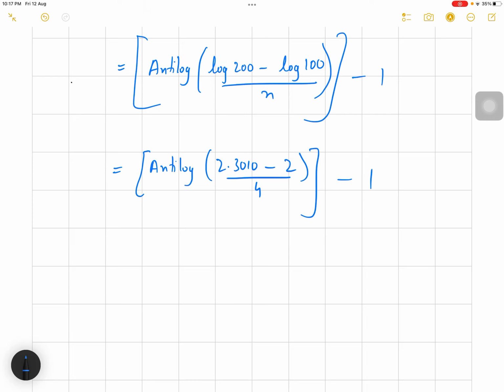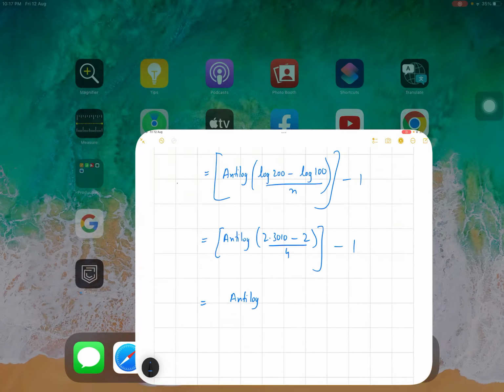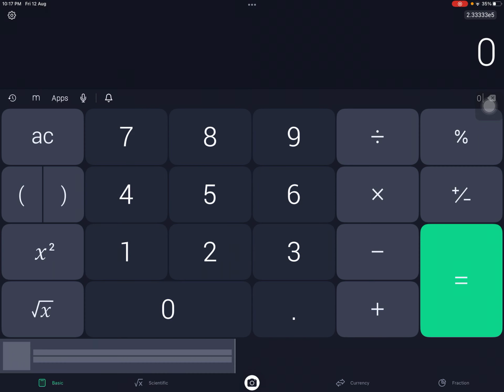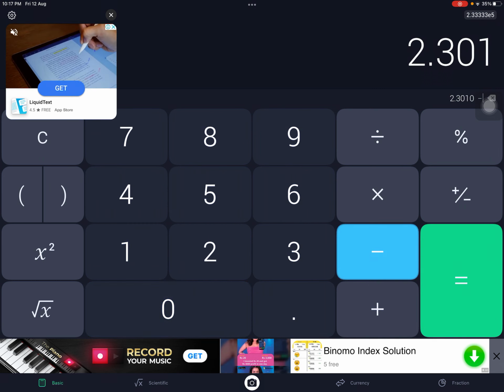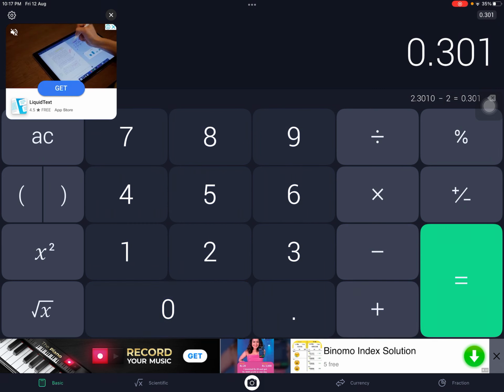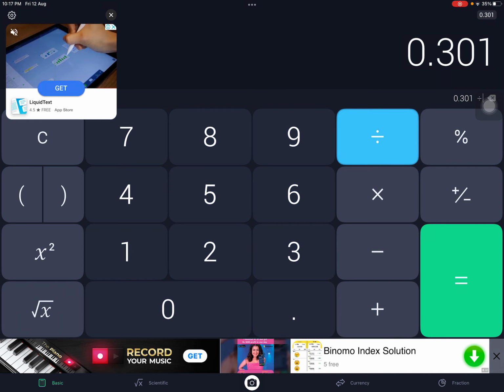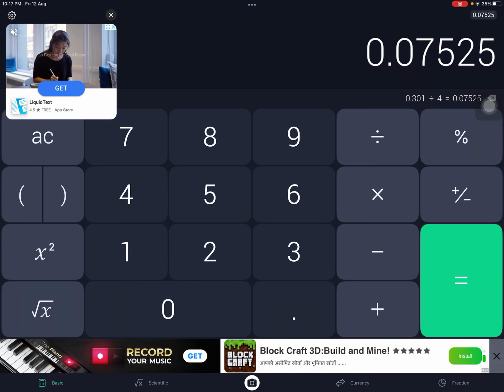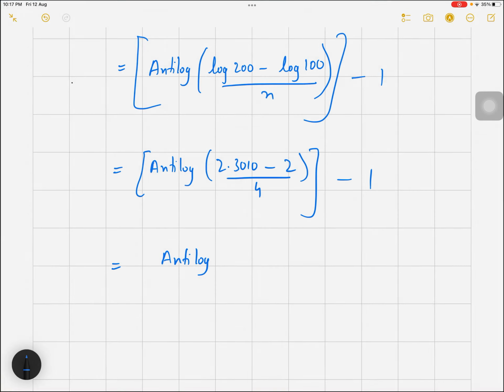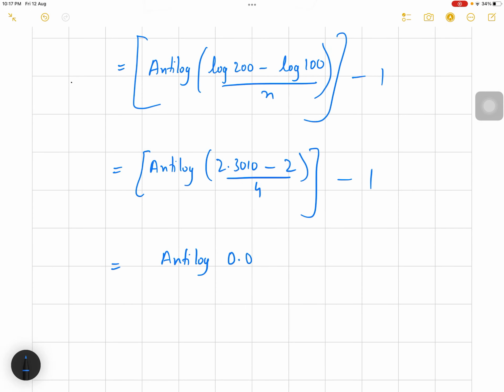Let's use the calculator. 2.3010 minus 2 comes to 0.301. Divide by 4, it is 0.07525. Now let's find antilog of 0.07525, then minus 1.